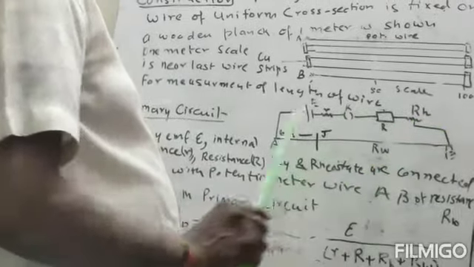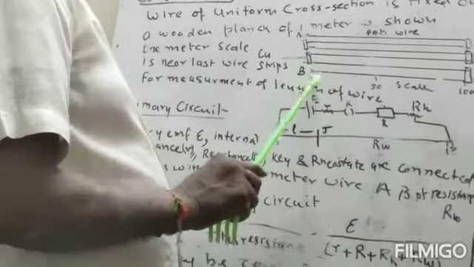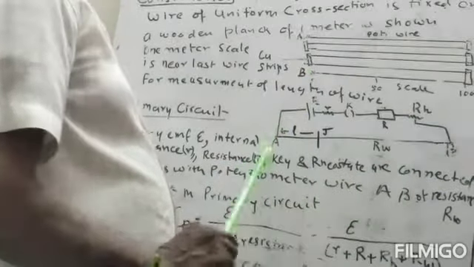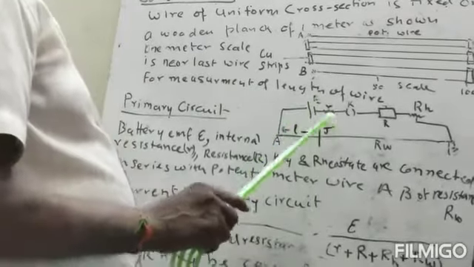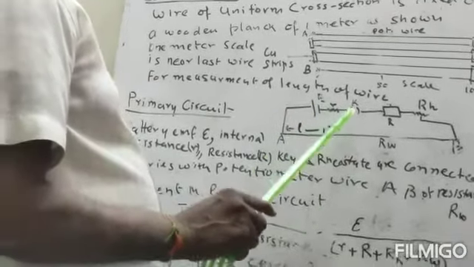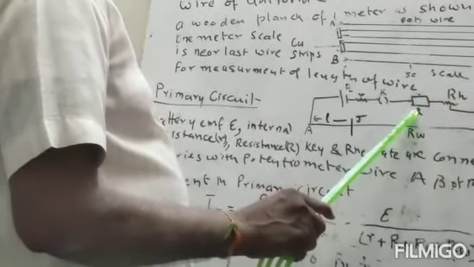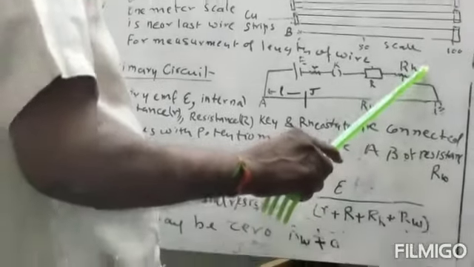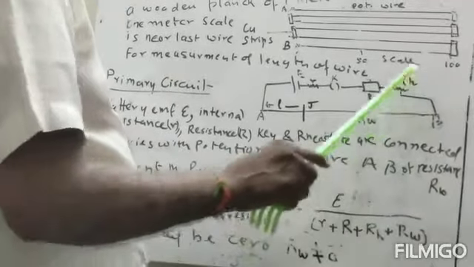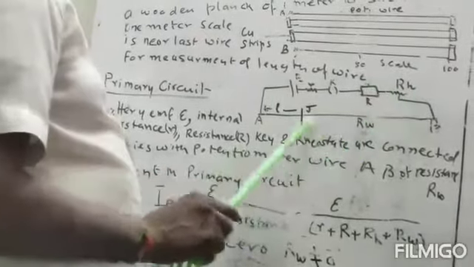So A and B, these two ends of the potentiometer, are connected in series with the battery with EMF E and internal resistance small r, then the key, then resistance capital R, and the rheostat whose resistance is RH. The resistance RH will vary from minimum to maximum. So this is the primary circuit.